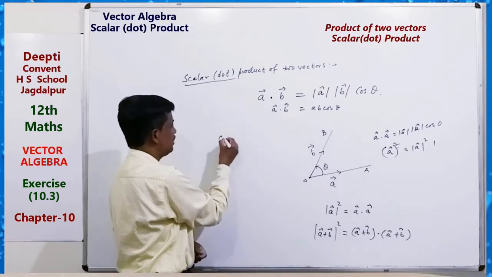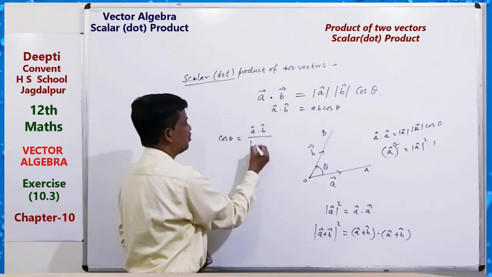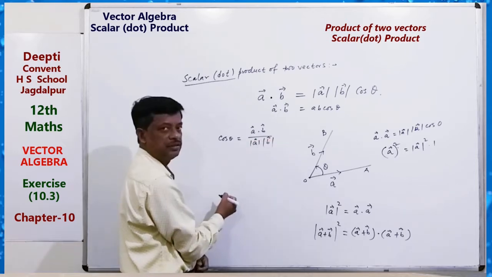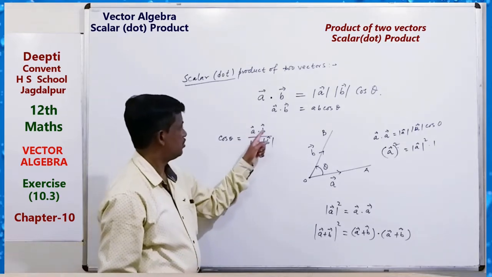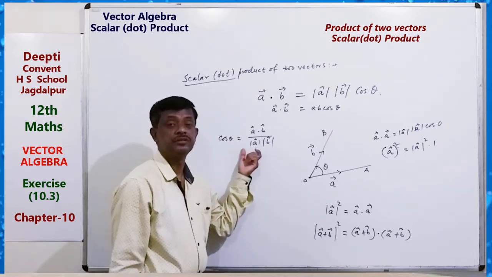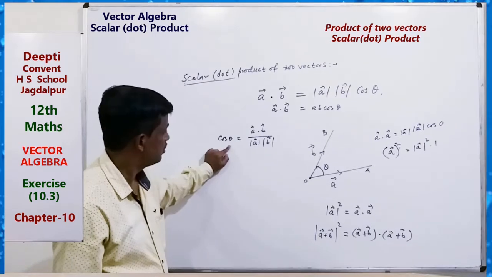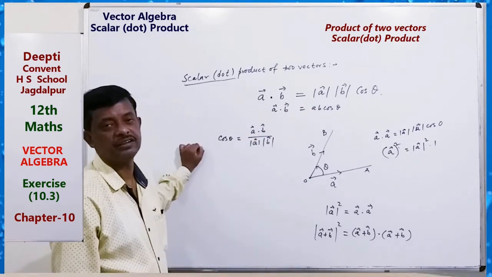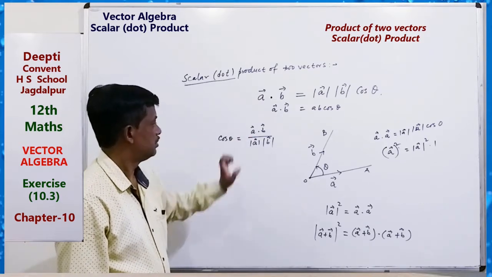From here we can write cos theta equals A dot B upon modulus of A modulus of B. Here the magnitude should not be equal to 0. This is for non-zero vectors; we can find the angle between two vectors. So this is the formula for finding the angle between two vectors. Clear?